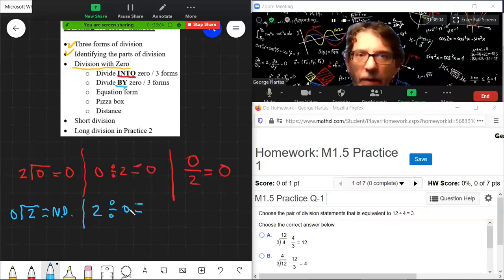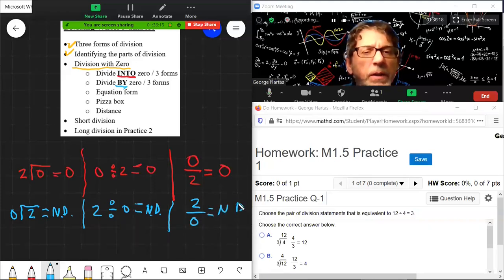We cannot divide by 0, not defined. And the way it would look like here would be this way. 2 divided by 0, not defined. Okay, so we've got part over the whole. We have a part of something, but there's no whole, which kind of makes no sense, right?